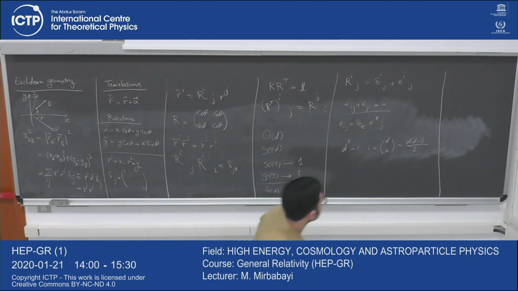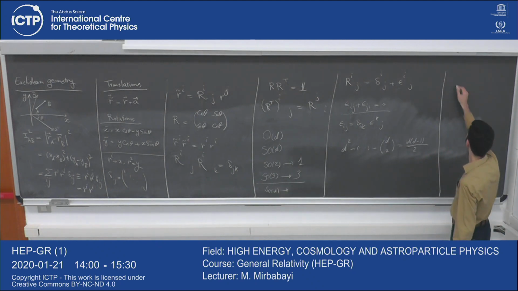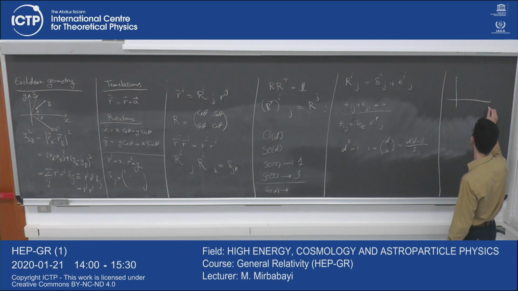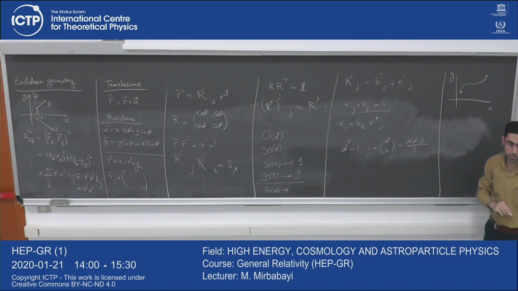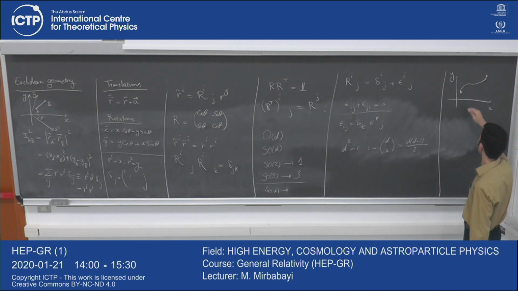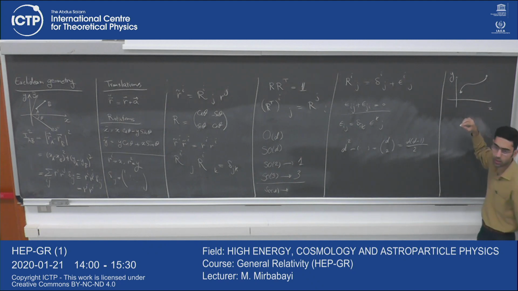One last thing about Euclidean geometry is that we can talk about curves in this Euclidean plane. So what is a curve? It's just a collection of points in this plane, which can be parameterized in some way.